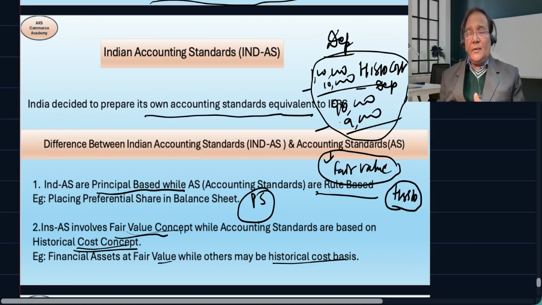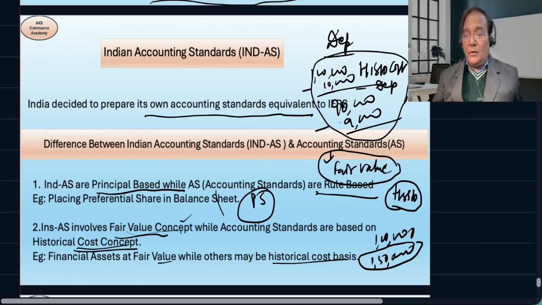For example, if a particular investment was made at, let's say, 1 lakh rupees, and at the end of the year its market value has gone up to 1,50,000, then the accounting standard, Ind AS, tells us that this 50,000 rupees, which is the profit, should be treated as profit for the current year and should not remain untreated because of the historical cost factor.